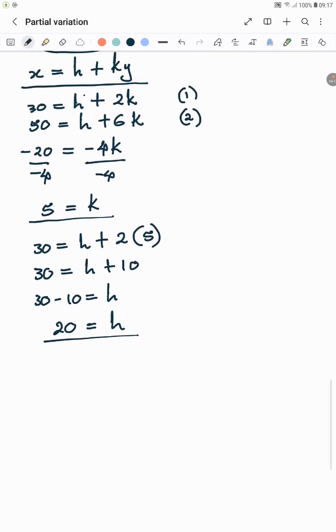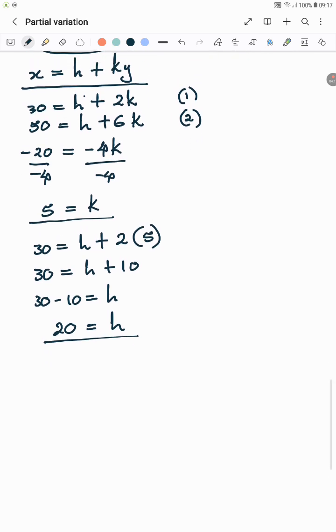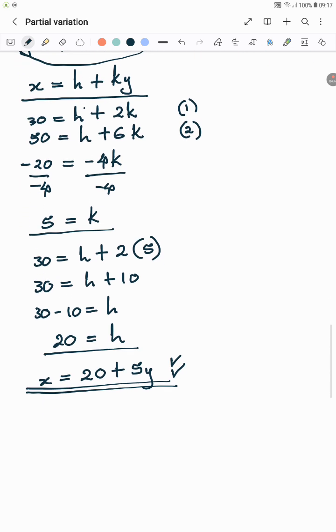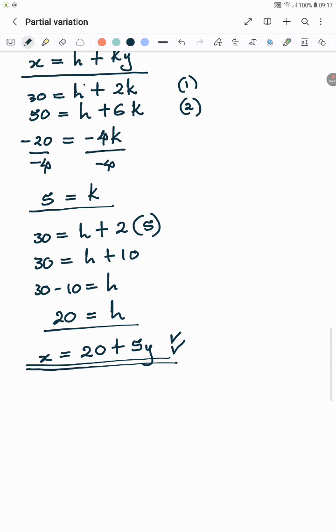So which means the equation that connects x to y will be in the form x is equal to 20 plus 5y. Okay, so the first question was find the relationship between x and y. So this is the relationship between x and y, and the next part says find x when y is equal to 3.